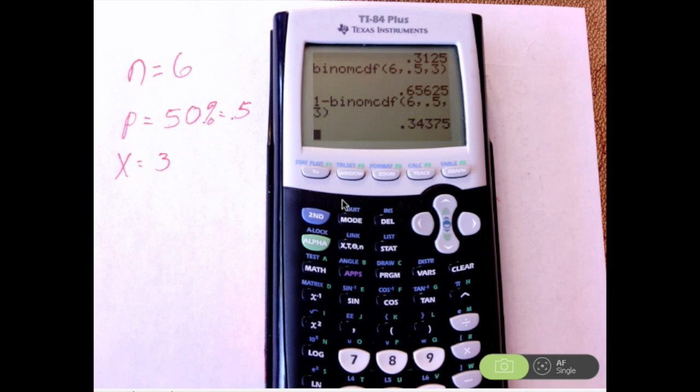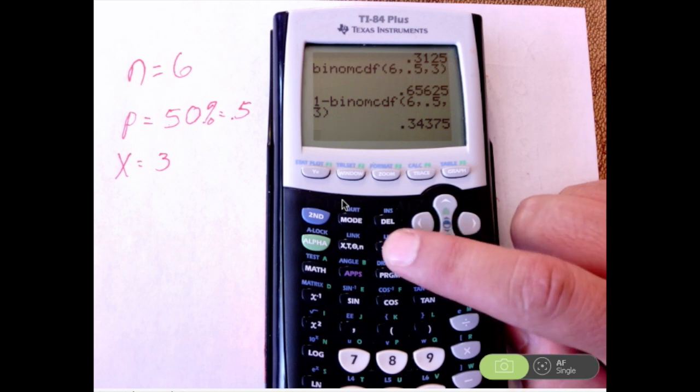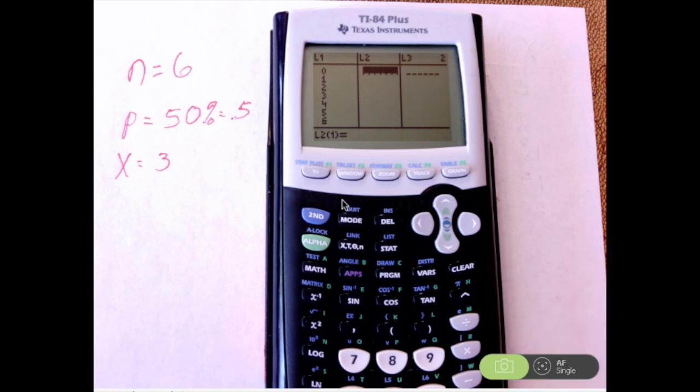But the calculator can actually help you do a little bit more. Oftentimes we want to make a probability table. Our calculator is actually really good at this. So we're going to go to Stats, down to Edit, and notice in my first column I've already entered all the possible numbers of times I could get heads out of 6 flips.